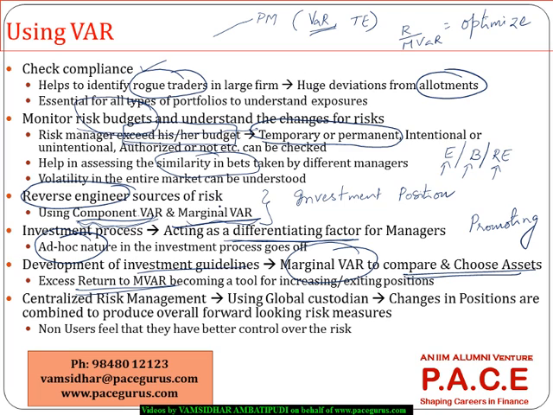So these things will really help in terms of building the investment guidelines. That is where you see that the organizations are moving towards using a centralized risk management framework, using VAR across the various investment processes. So that is where the demand for all these things is catching up in the last few years.